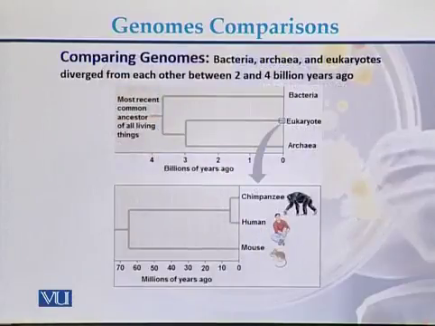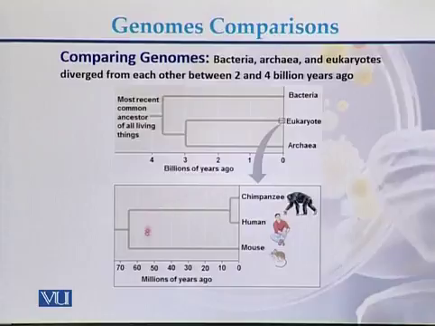When we compare genomes, we can see how genomes diverged from each other. The genomes of bacteria and eukaryotes diverged from each other approximately 4 billion years ago.